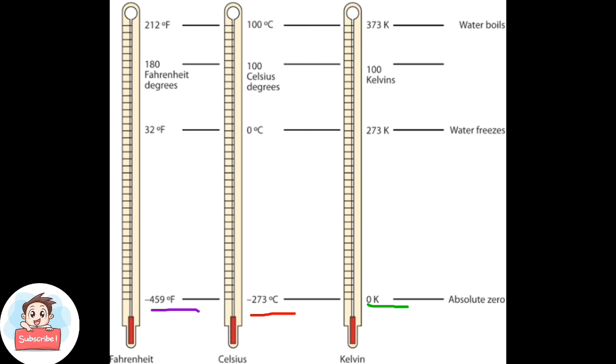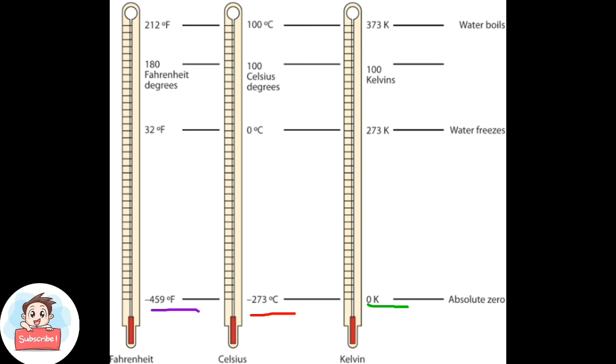Here, what is absolute zero? Absolute zero is the lowest possible temperature where nothing could be colder and no heat energy remains in a substance. It means the lowest possible temperature is reached in any substance, without any coolness and without heat energy in that substance.